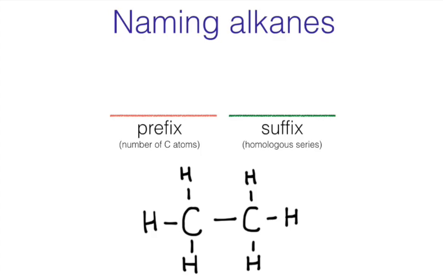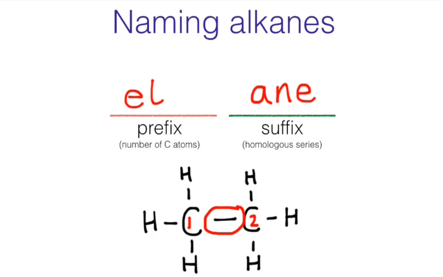So if we look at this alkane, it's got two carbons, it's only got a single bond between the carbon atoms, and so that defines it as an alkane, which means that its suffix is ane, A-N-E, that's the suffix for alkanes. There are two carbon atoms, and the prefix for a chain that has two carbon atoms is eth, and so the name of that compound is ethane.